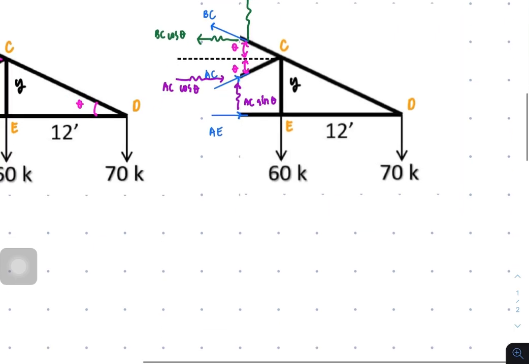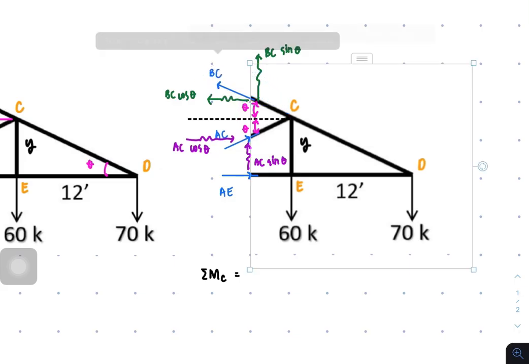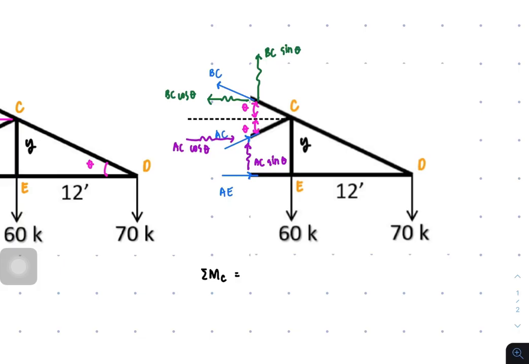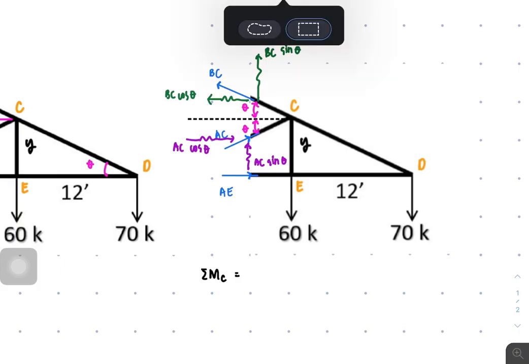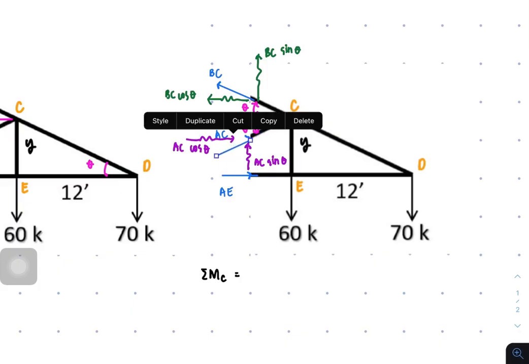So I'd like to have the summation of moment about point C. Why? Because if you try to let this BC pass through C, it's not going to create any moment. So it's going to be eliminated from the equation. Then also for AC, since this is AC, it's still going to pass through point C. So it's going to be eliminated as well.